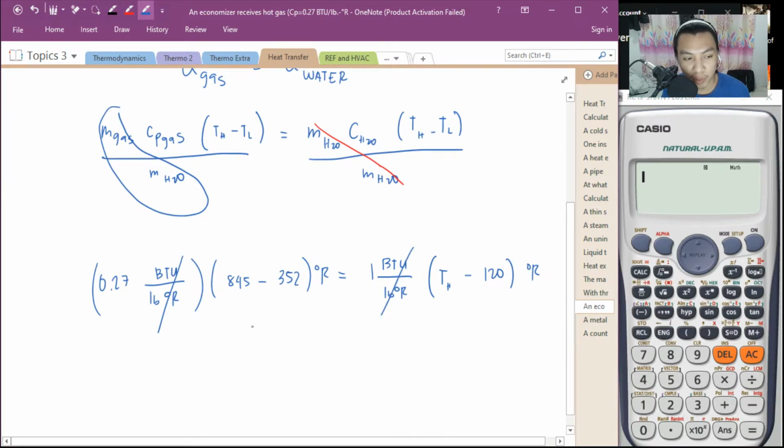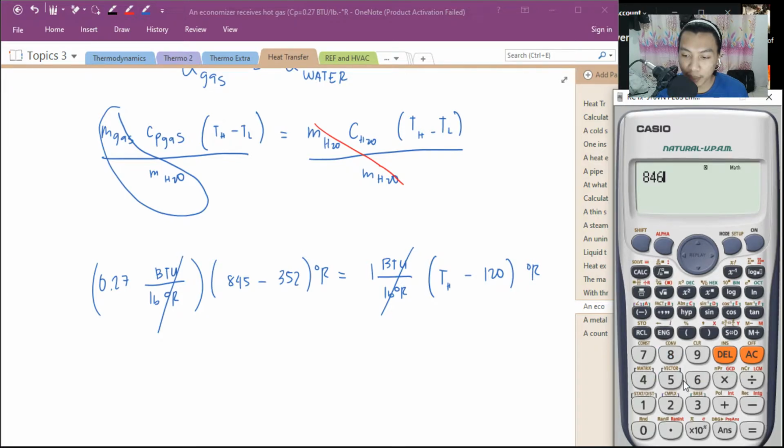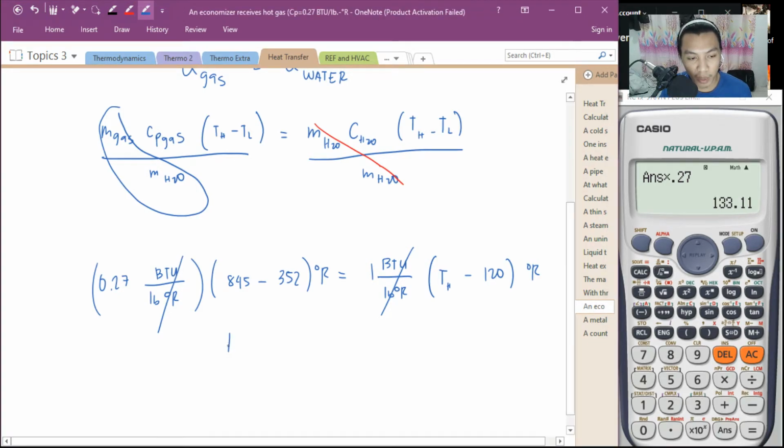So, simplify ko muna 'to ha. Okay? 845 minus 352 times 0.27. Okay? That is 133.11 degrees Rankine equal to T hot minus 120.